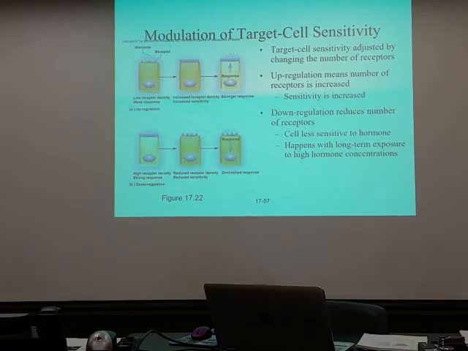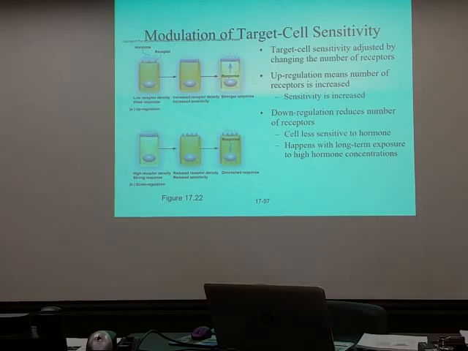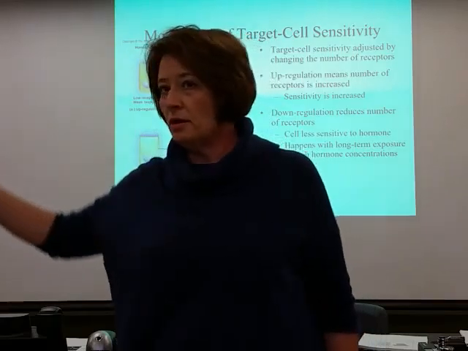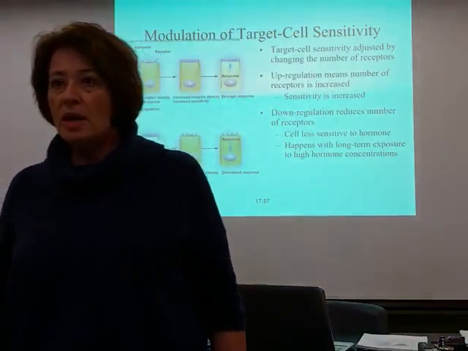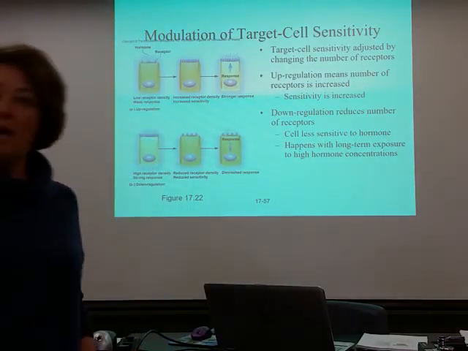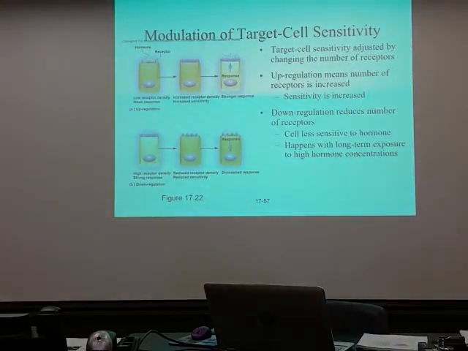A good example of this is one of the things that's going to happen with the hypothalamus. The hypothalamus is going to have this pulsed release of gonadotropin releasing hormone. So it doesn't ever completely come to a full stop, and it doesn't ever completely stay up high. There's a constant pulsing of the release of that hormone.